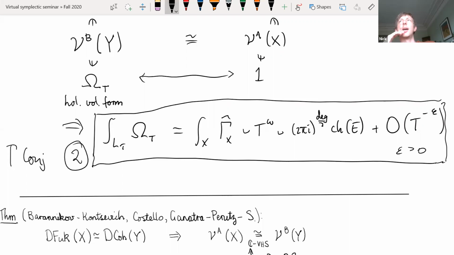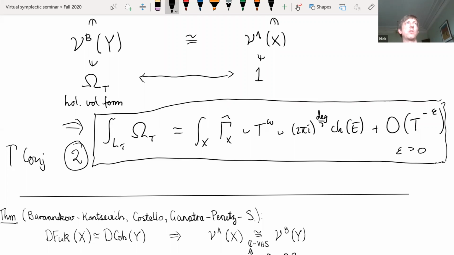Well, if the two Lagrangians are isomorphic in the Fukaya category, then you expect they have the same Chern character in Hochschild, in cyclic homology. And then that means that if you apply the open-closed map to the Chern character, those classes in cohomology should be the same.